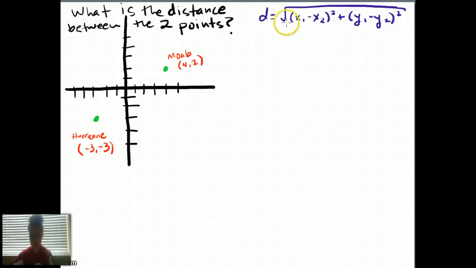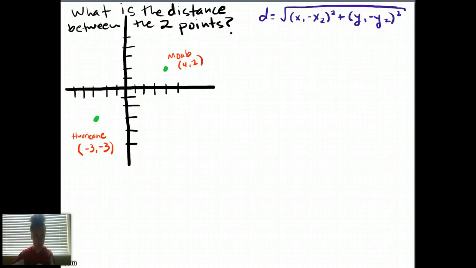It's very important to get this square root sign over the whole equation down here with the x's and the y's. Then inside, we have x1 minus x2 squared, and then we add y1 minus y2 squared. So before we can use this formula, we have to know what x1 is, what x2 is, what y1 is, and what y2 is.